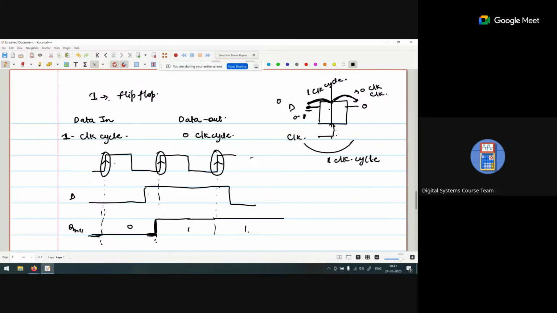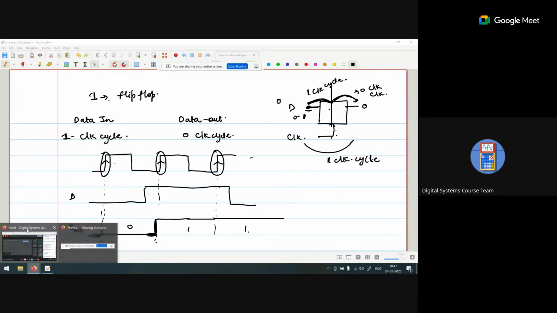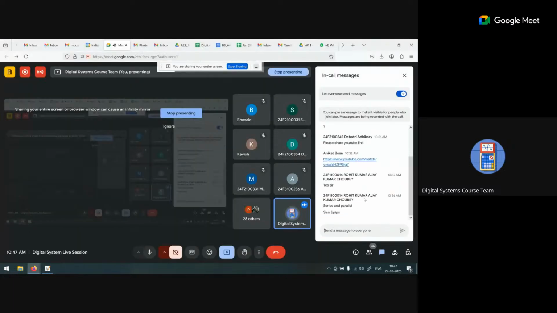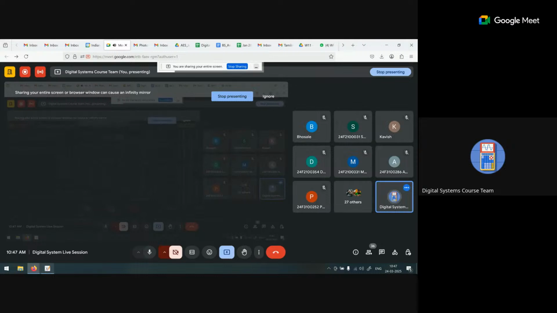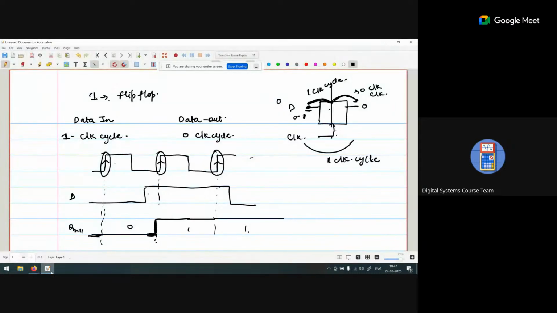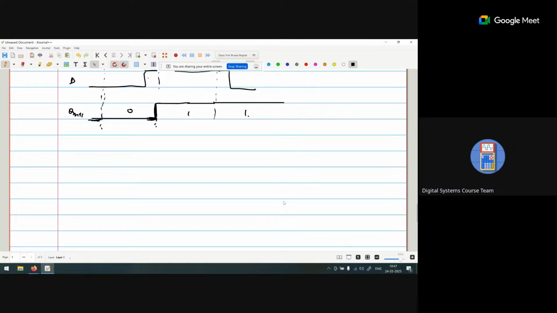If you remember the diagram, we have designed the AND gate, and using the NAND gate and NOR gate, we designed a diagram of D, JK, SR. You remember that one? For example, the SR flip flop. If you remember, we designed it with NAND gates, one NAND gate here.